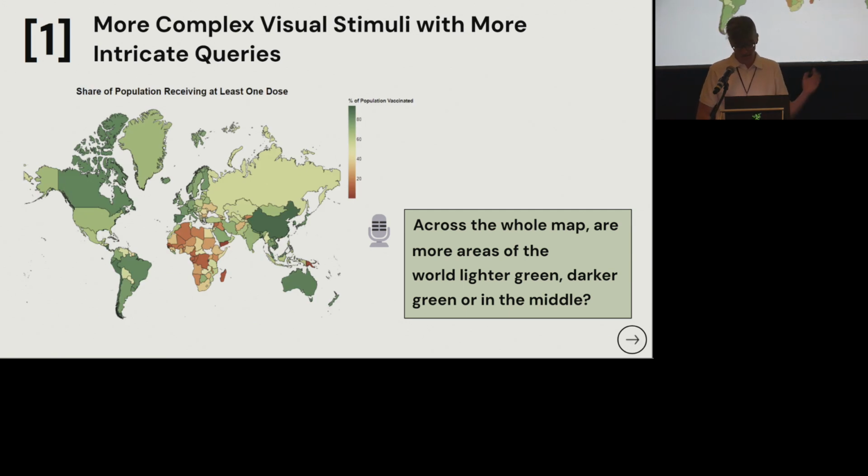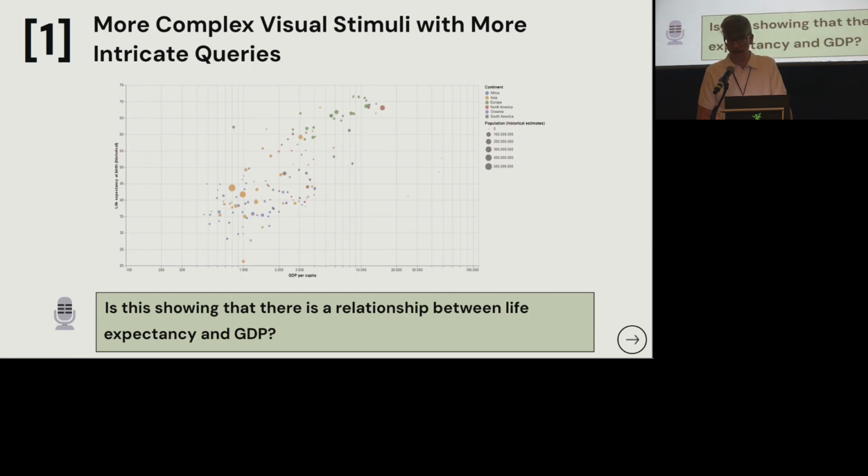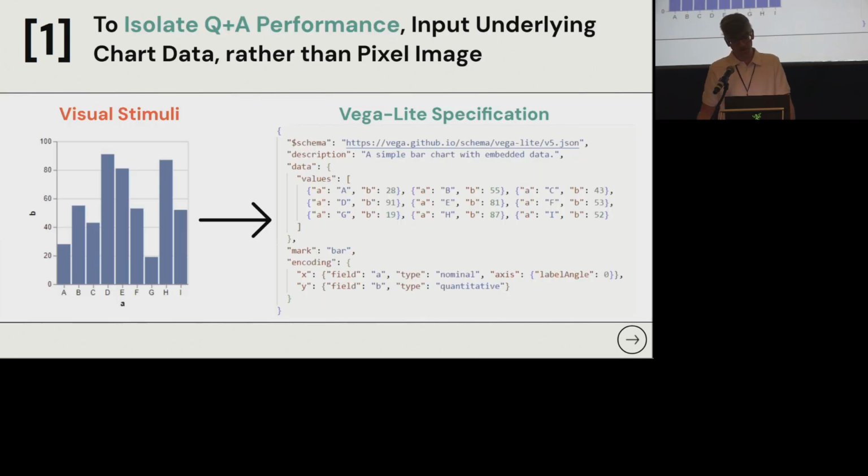These are the map as seen before, a line chart, a scatter plot, and a bar chart, all accompanied with complex and intricate questions. Furthermore, to solely focus and isolate on our Q&A performance, which is our main contribution, we input underlying chart data as a Vega-Lite specification rather than a pixel image. And we assume that an off-the-shelf conversion between pixel images to data exists on the market.